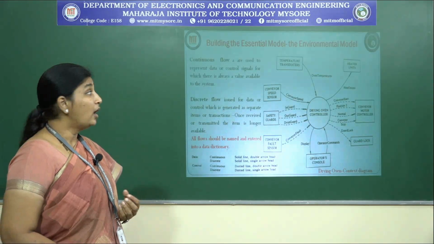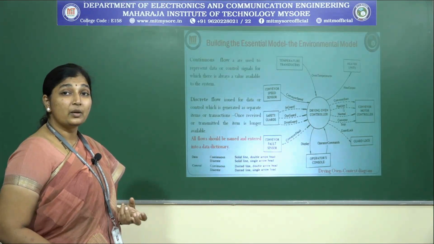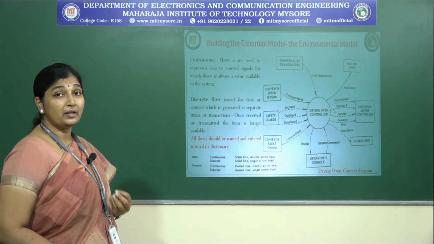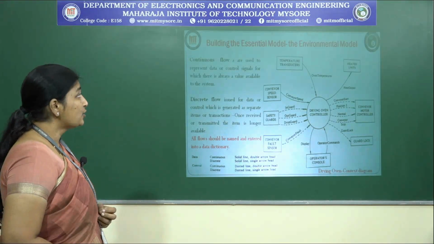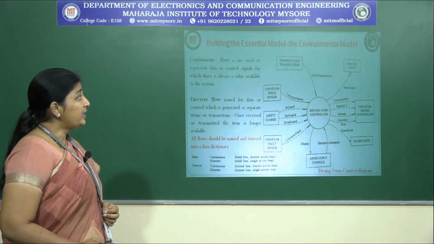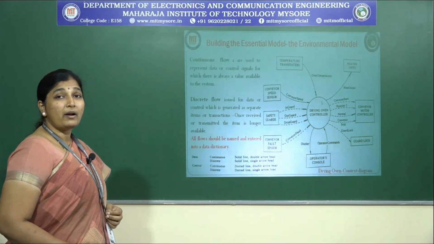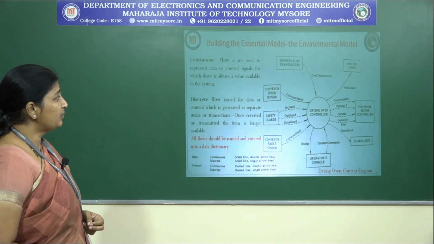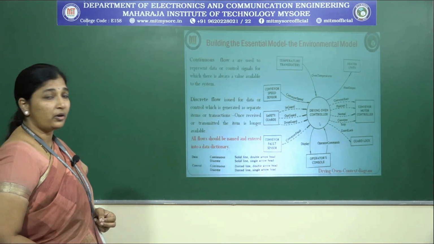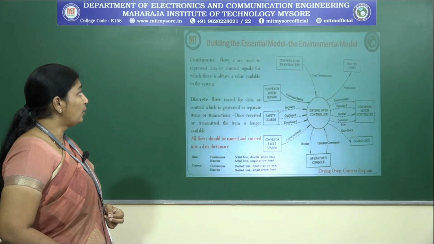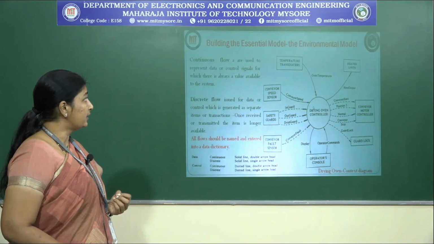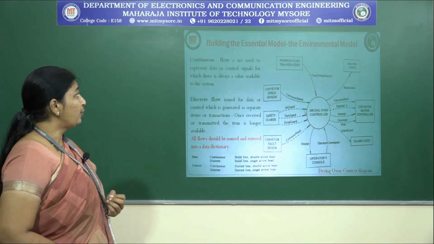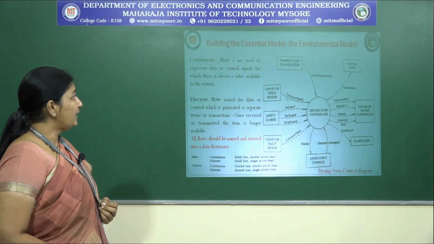So let us understand how they are connected, which is a prerequisite to explaining what is actually meant by the context diagram here. Okay. As I told you earlier, these rectangular blocks are called terminator blocks. Here you see a continuous line and a dotted line. The continuous flow of information mainly represents the data or control signals that are always available to the system.